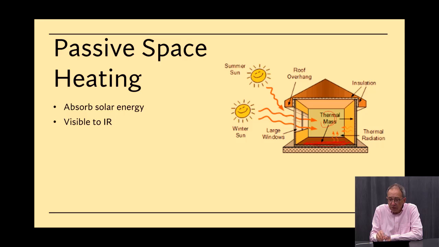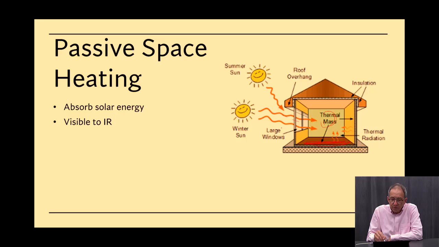So the sun's energy is coming through the windows. Remember what we talked about with a car? We're taking some of the visible light and trapping it in the space. All right, so we can use a passive solar thermal system to heat our home some. In Minnesota, it's not enough to heat our home completely, but we can gain heat from that.